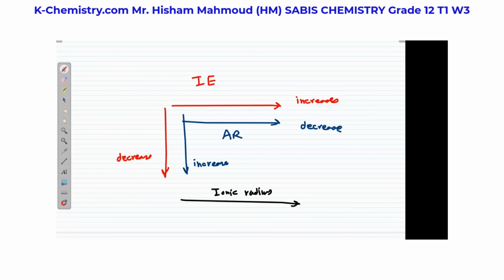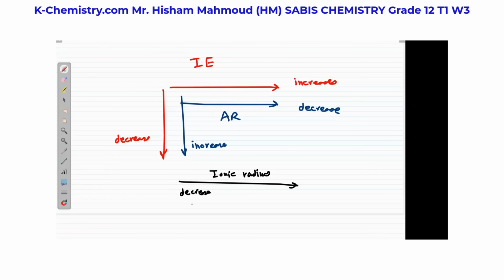Ionic radius is crazy because at the beginning it decreases in metals, then increases in non-metals. So I can just say that the general trend is almost opposite again of the atomic radius, or similar, but I cannot say fully because at the beginning it decreases here.